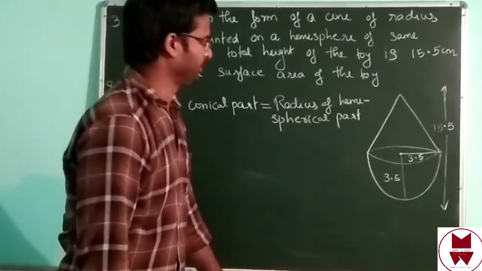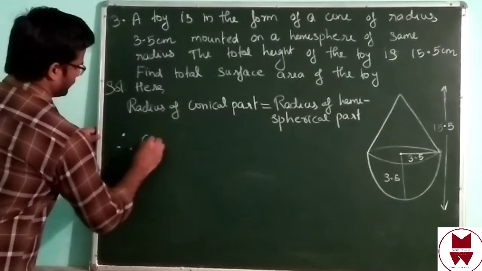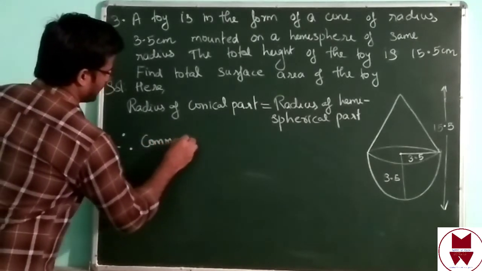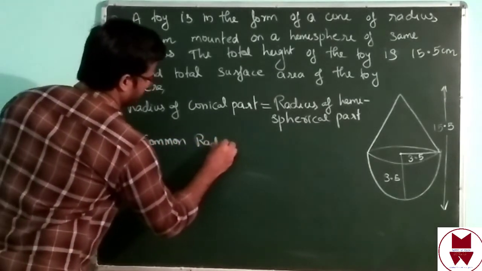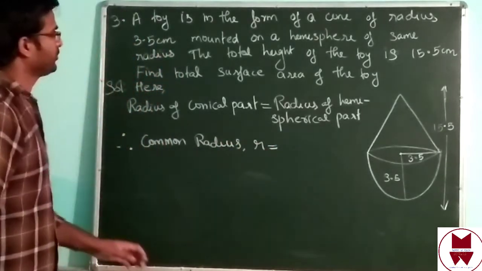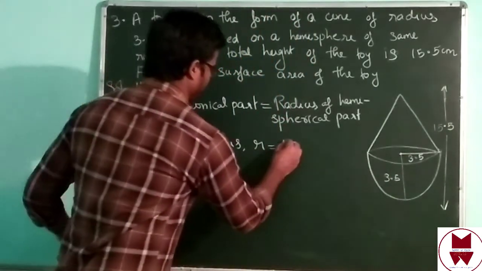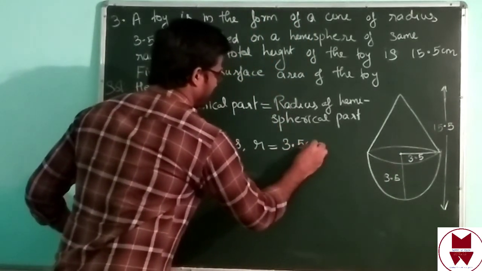Both radii are equal, therefore common radius r equals, what is common radius here? That is 3.5 centimeter. We can write common radius equal to 3.5 centimeter.